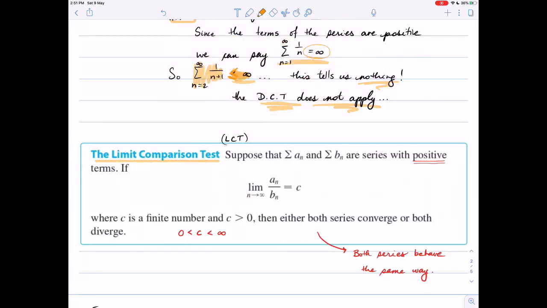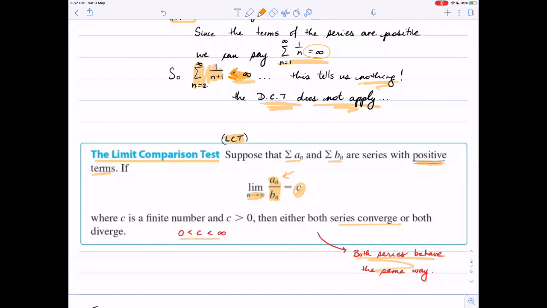So the limit comparison test, or LCT, goes like this. Suppose that the series a sub n and b sub n have positive terms again. This time we are looking at not making an inequality comparison, but a ratio comparison, a sub n over b sub n. If the limit as n goes to infinity of that fraction gives me c, and if that c is a finite number, so 0 is less than c is less than infinity, then both series either converge or diverge together.